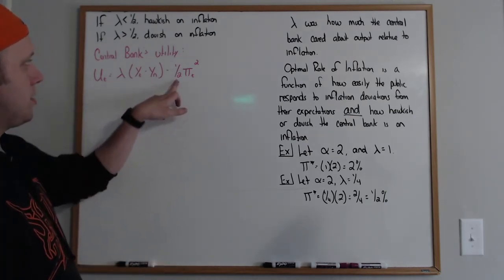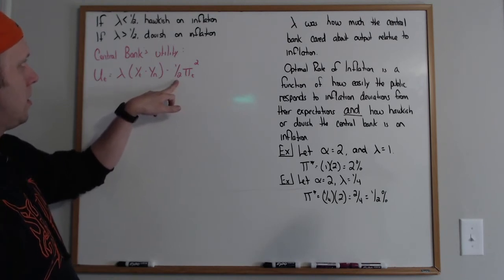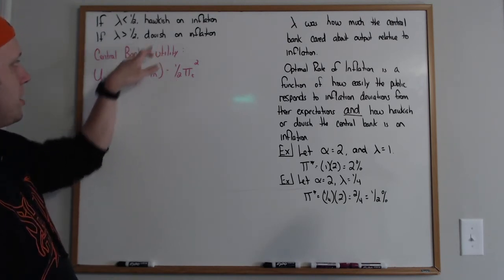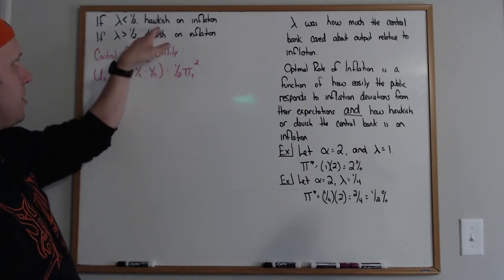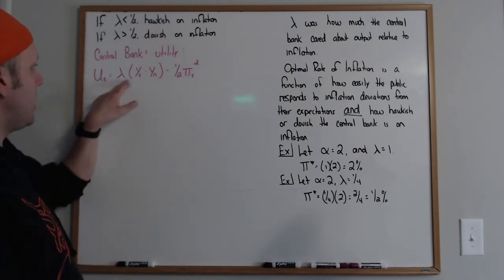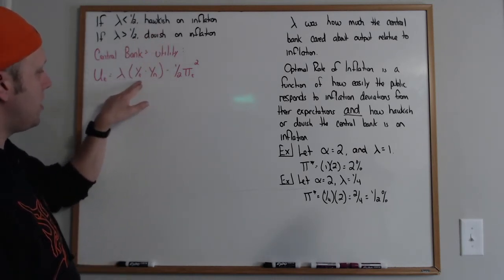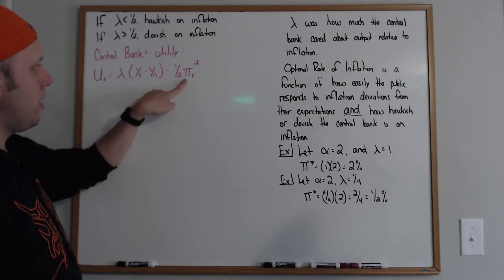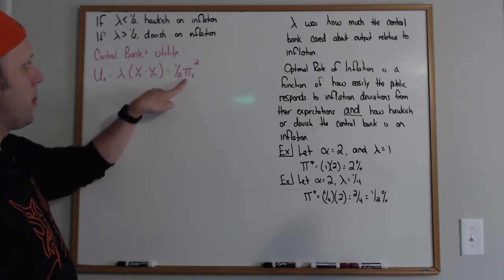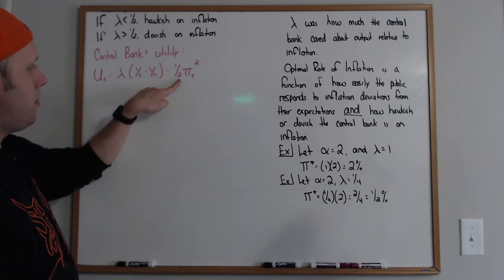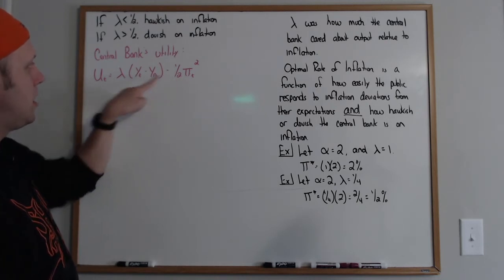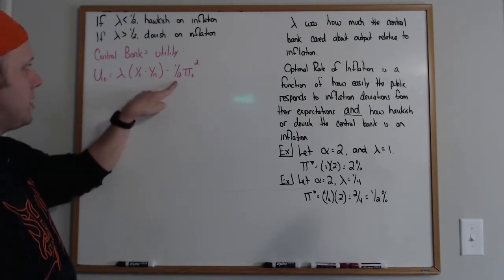So if lambda is larger than 1/2, they're dovish. If lambda is less than 1/2, they're hawkish, because lambda is telling me how much they care about this deviation here relative to inflation. If they care more about inflation than they do this, lambda will be less than 1/2.